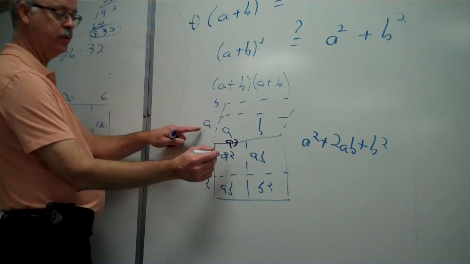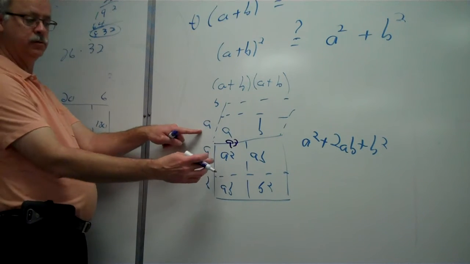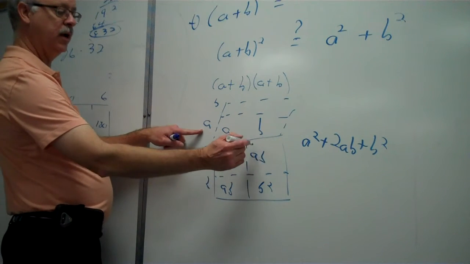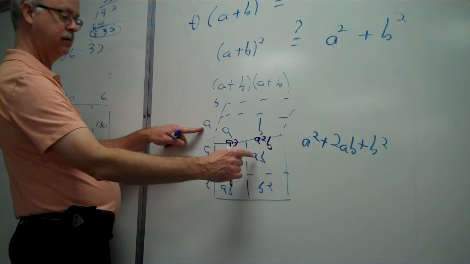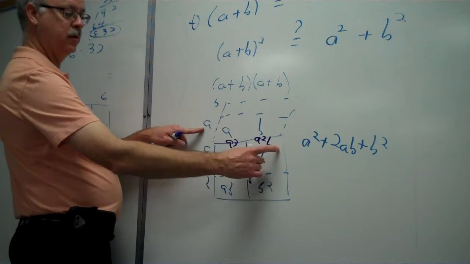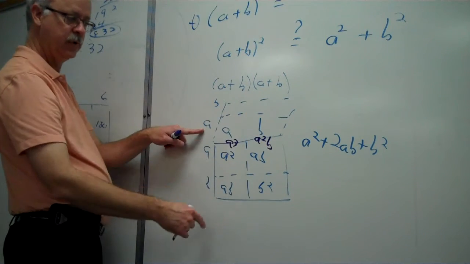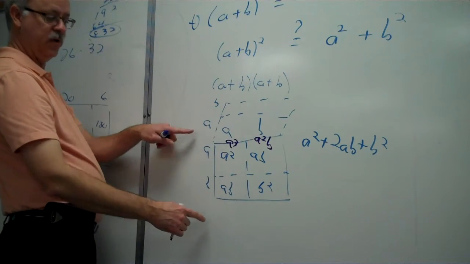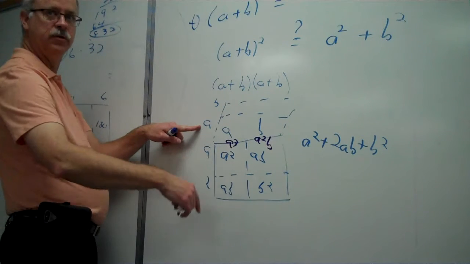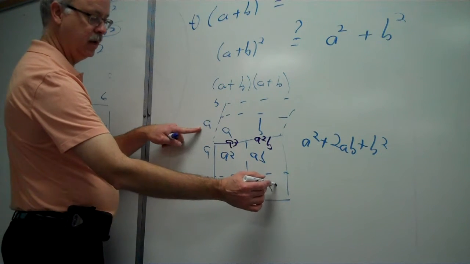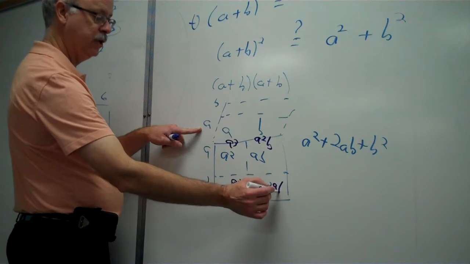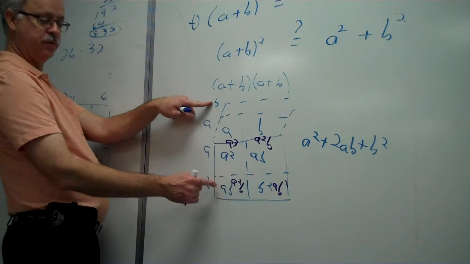We do have an A cubed here, right? From this front cube, A by A by A. We've got A squared B, A by B. In fact, I've got A times this front face, so an A squared B and an A B squared, and then I've got B times the front face.